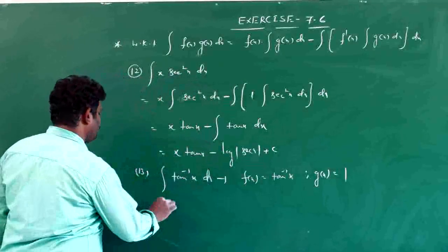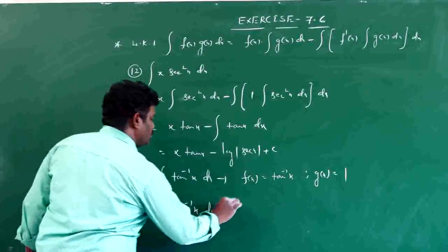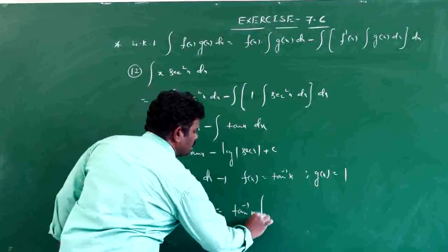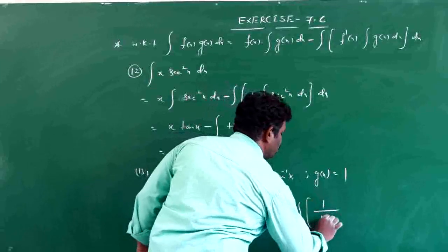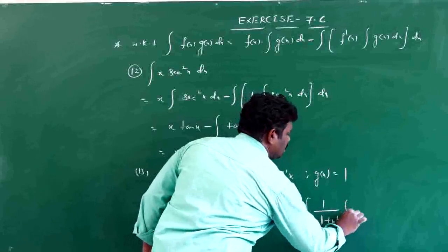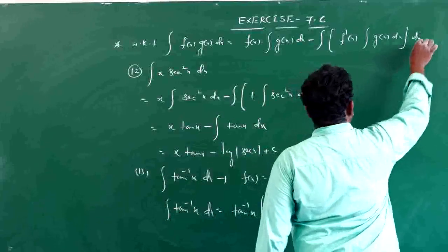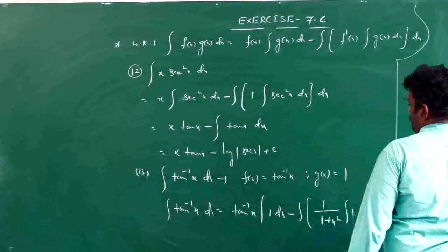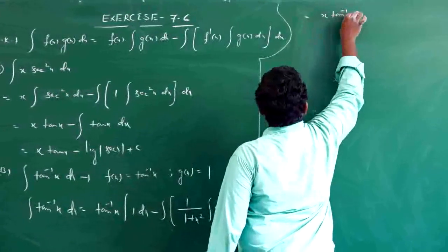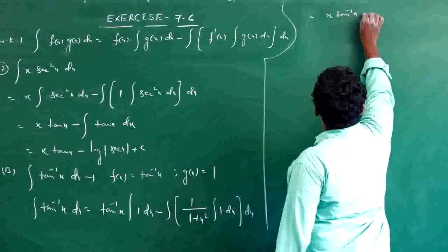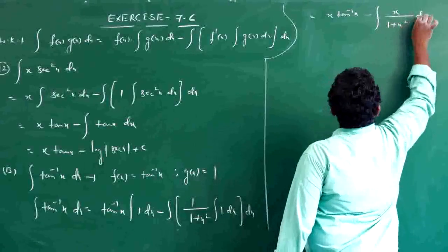Then what we substituted here, integral tan inverse x dx is equal to first function tan inverse x integral 1 dx minus integral of derivative of tan inverse x, 1 by 1 plus x square, integral 1 dx whole dx value, that is equal to, see ma. Next, x into tan inverse x minus integral of x by 1 plus x square dx value.